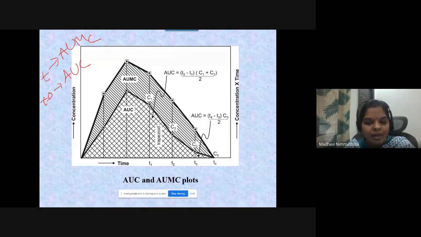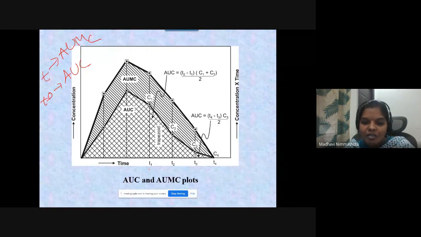So here there is a rule called the trapezoidal rule. You may have observed some horizontal or vertical lines, and under AUC there are boxed lines, while under AUMC there are only single lines. So what are these? These are time, and these are concentration values.